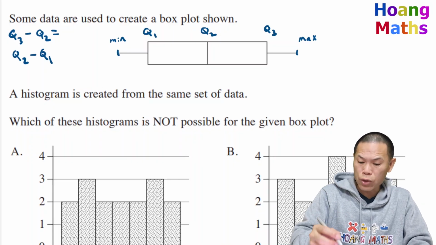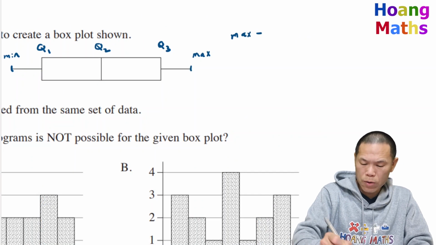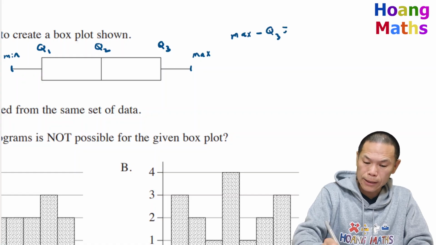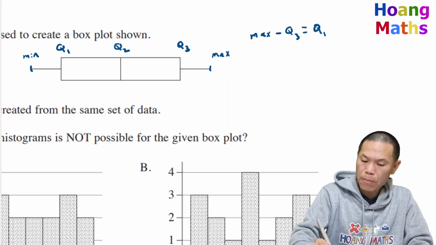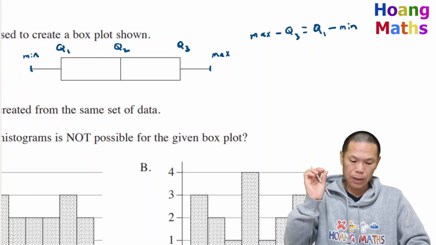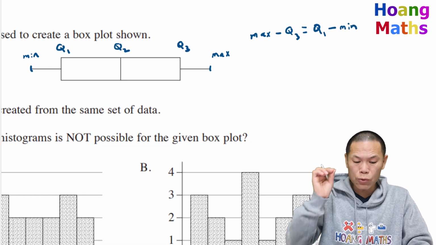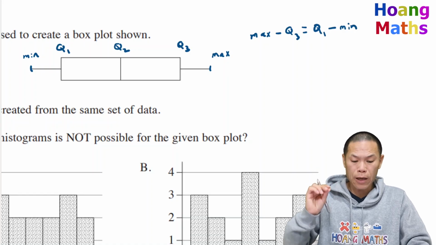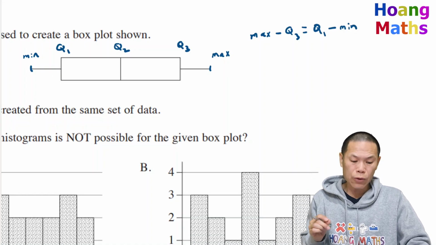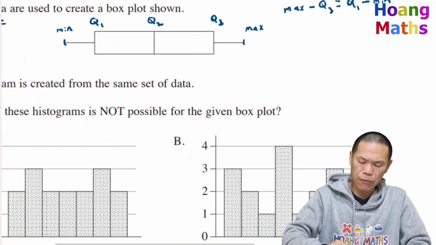And we also know that the maximum score minus Q3 is the same as Q1 minus the minimum, because they're the same gap. Okay, keep that in mind. And please take note, we know that the Q3 minus Q2 is larger than the maximum minus the Q3, or Q1 minus the minimum. Okay, keep that in mind for me for now.